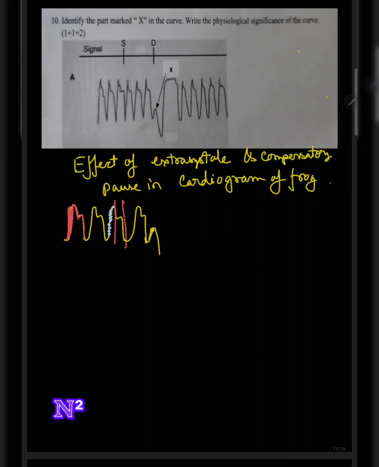Okay, and that will be depicted with a downward curve. Okay, now after systole, you know the cardiac tissue has to pass through a relaxation phase. Now it will be the relaxation phase because of the extrasystole. Now this point is called the extrasystole.